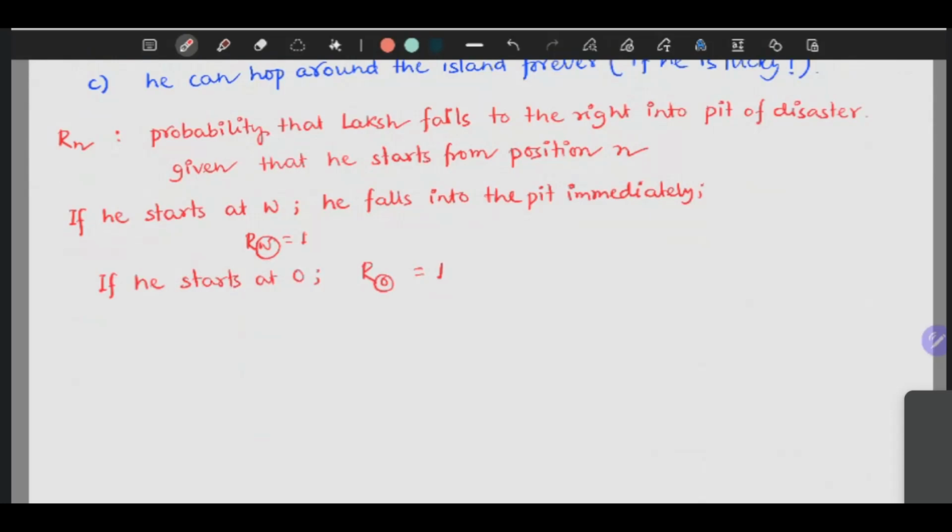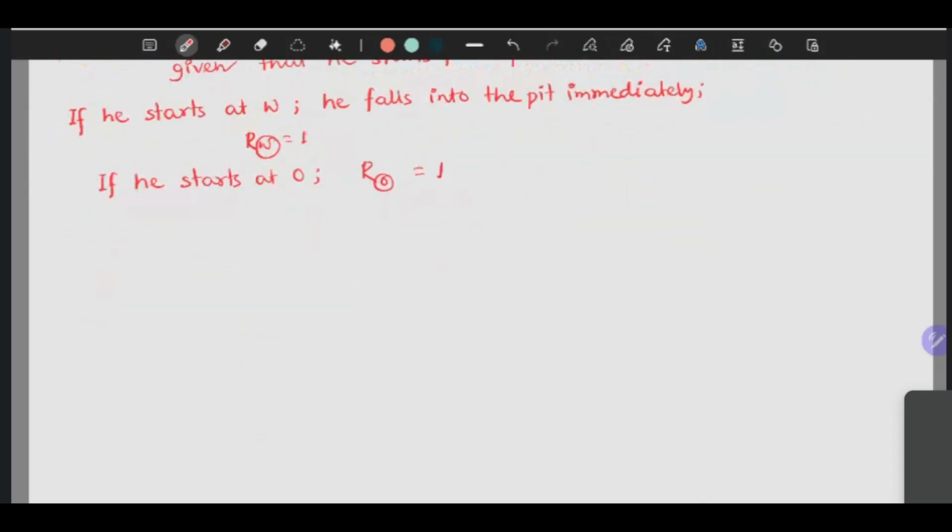But if he starts in between, between 0 and W, then we can analyze how his fate will be determined.